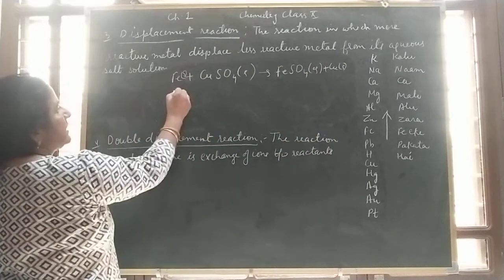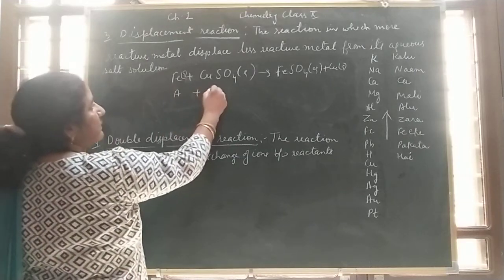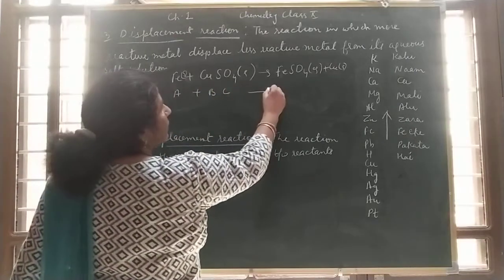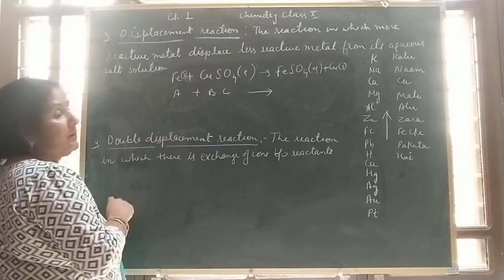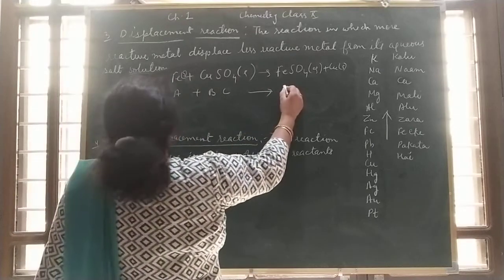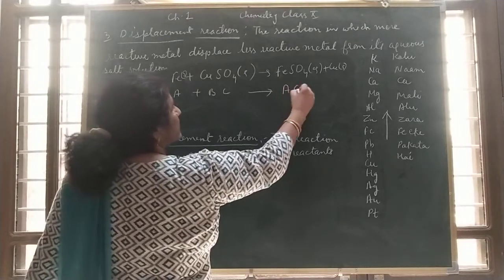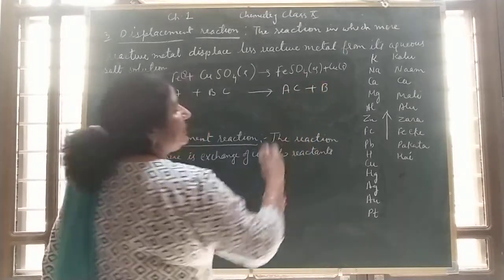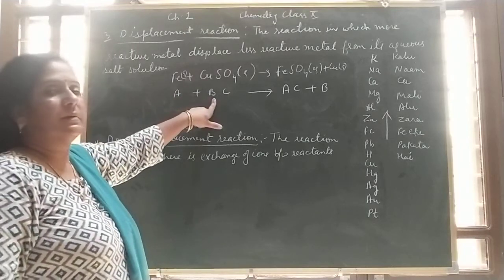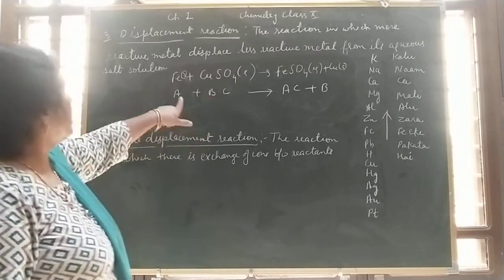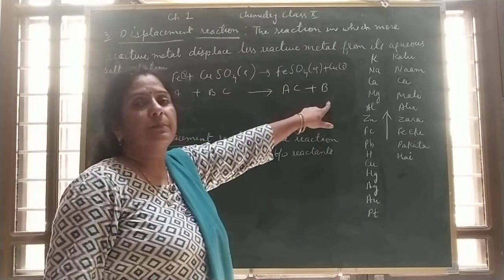If we take this as A plus BC, what we observe here is that A takes the place of B. So it will become AC plus B. Here A is going to replace B. So it will become AC plus B.